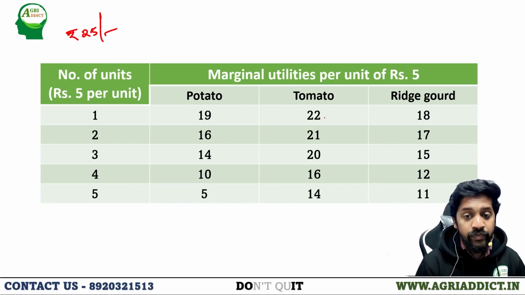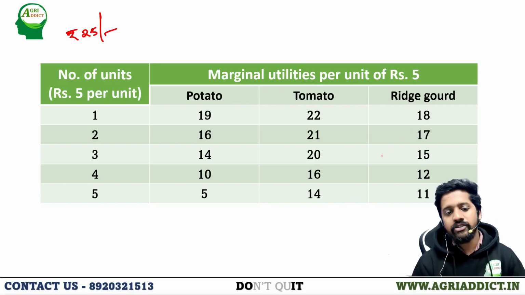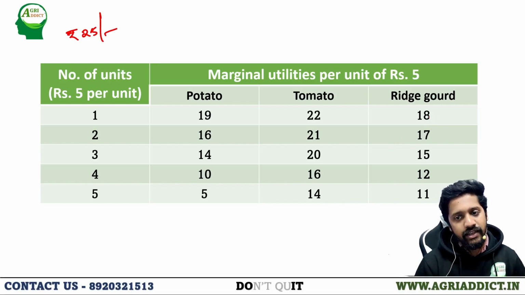What about tomato? I'll have a higher utility than potato: 20, 22, 21, 20, 16 and 14. And in the case of ridge gourd, the marginal utility derived from continuously consuming these 5 units is 18, 17, 15, 12 and 11.